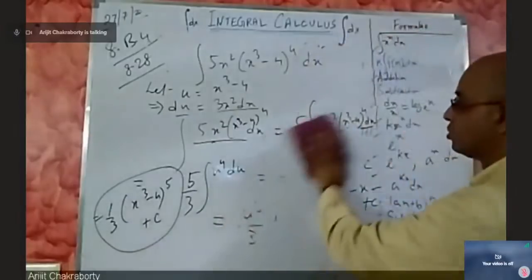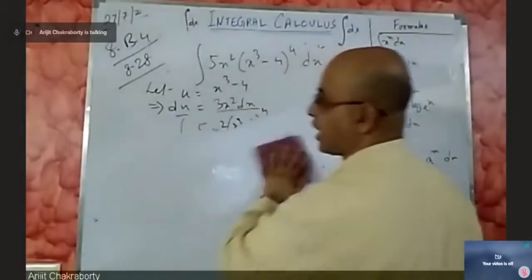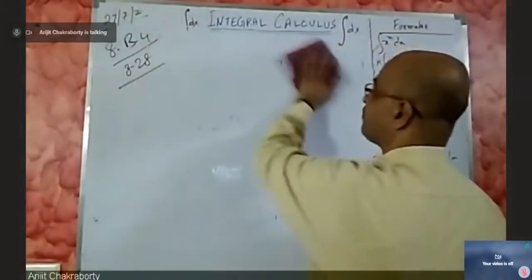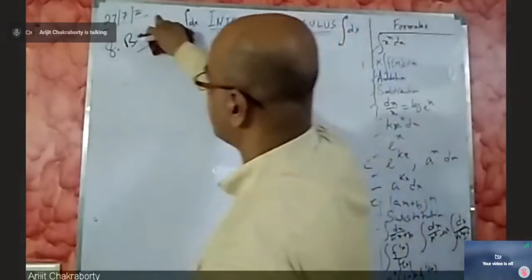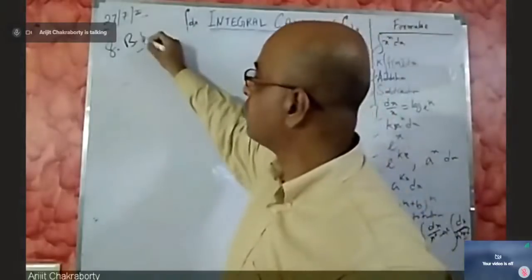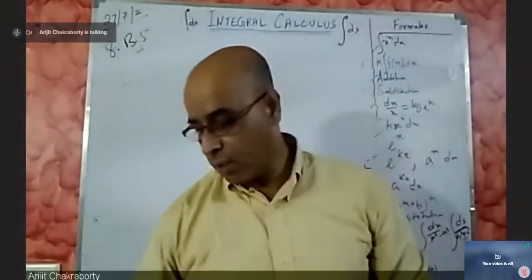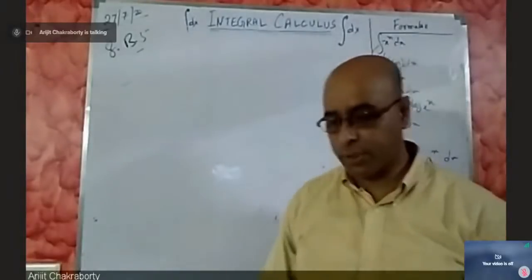We now proceed to 8.B.5 to see partial fractions, which is the last part. Now partial fractions, I will directly go with an example so that it becomes easy for you.